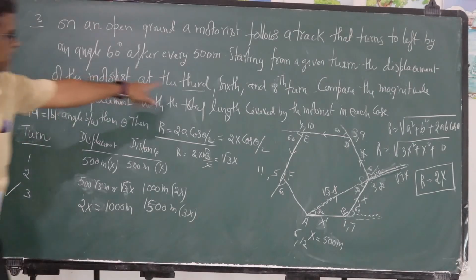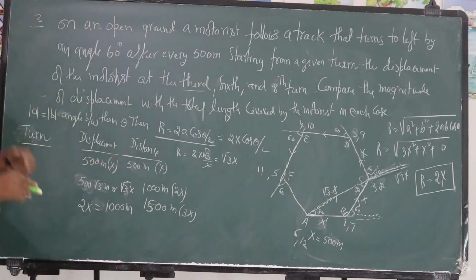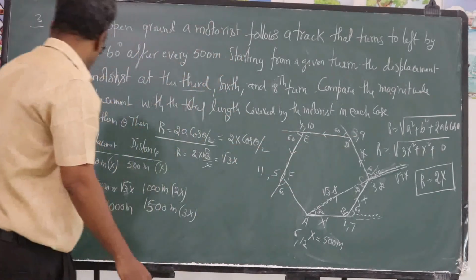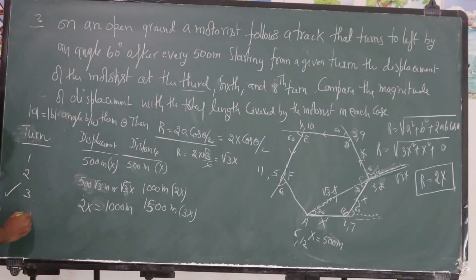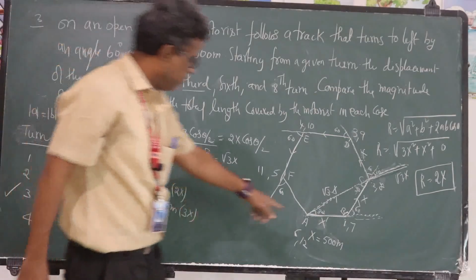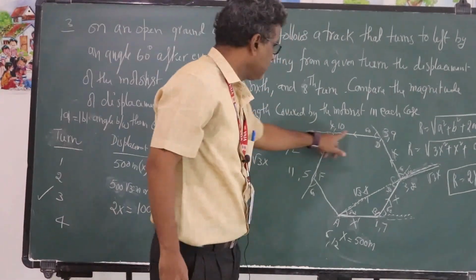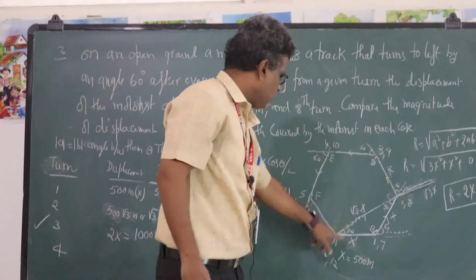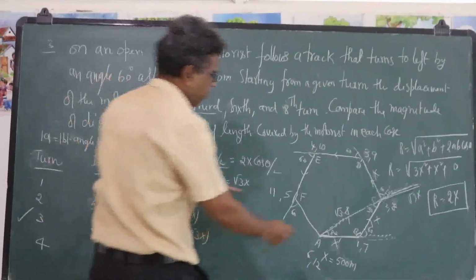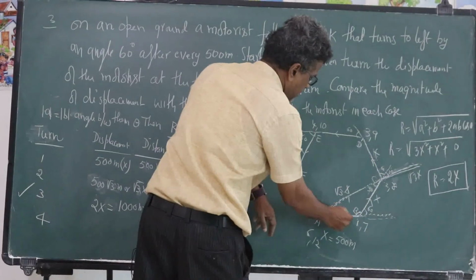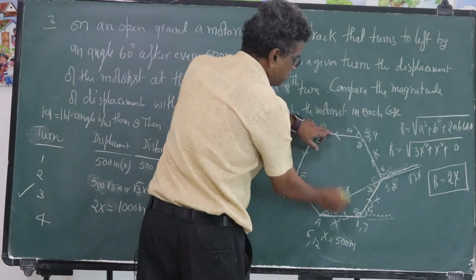The next one is the fourth term. So I will continue like this. After the fourth, what is the displacement? See, these two get cancelled. Again you will get this one in this direction. These two get cancelled.